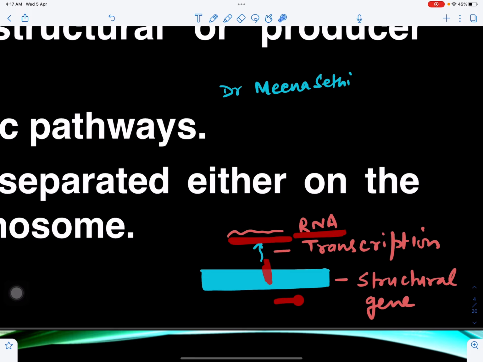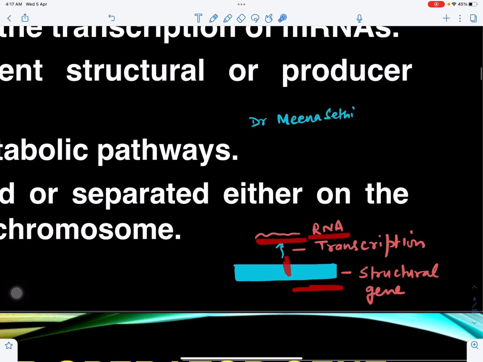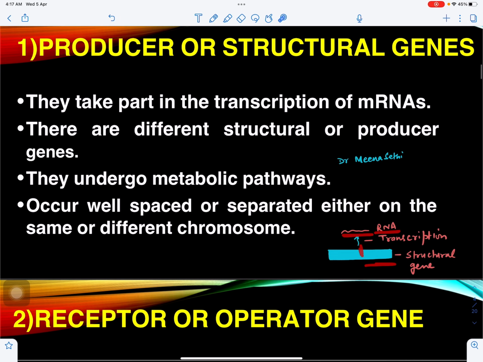How this structural gene is regulated, we will discuss. These genes help in formation of RNA and proteins, and they are involved in various metabolic pathways, present on the DNA, and may be on the same or different chromosomes.